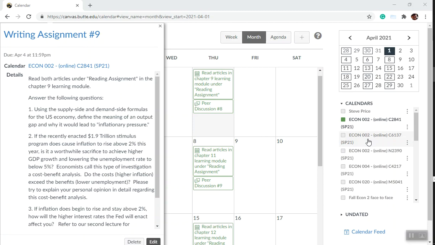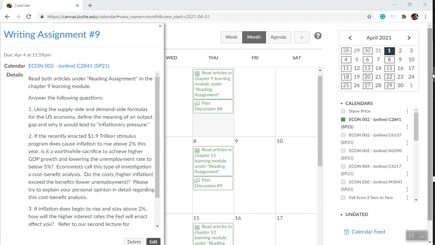What I'm going to focus on today is utilizing all the tools that we've learned thus far in this class to understand the articles and their discussion about the inflationary pressures that this latest stimulus package might create.